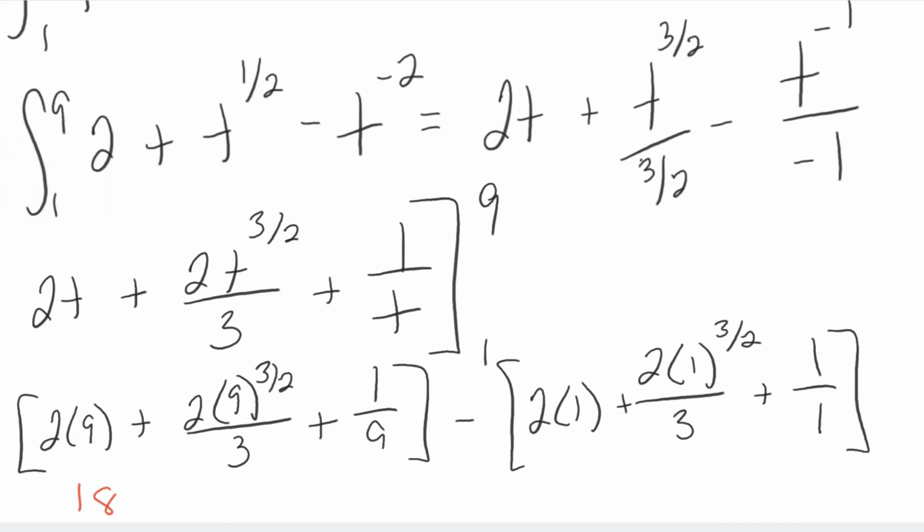So 18 plus 18 plus 1/9 minus 2 plus 2/3 plus 1.